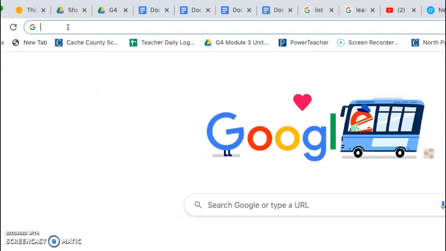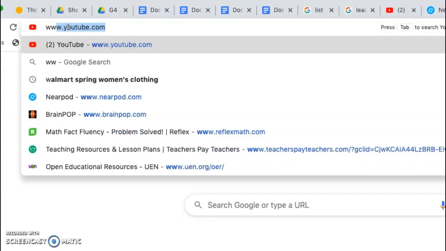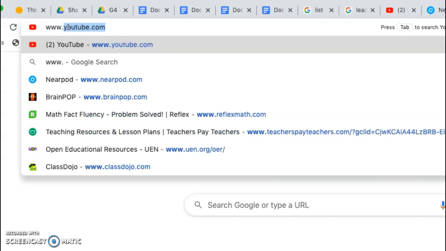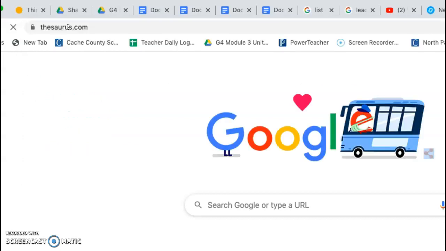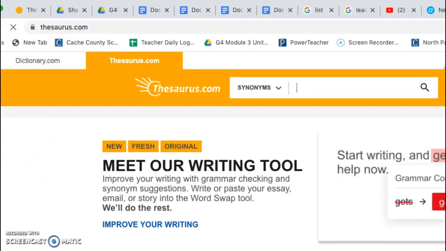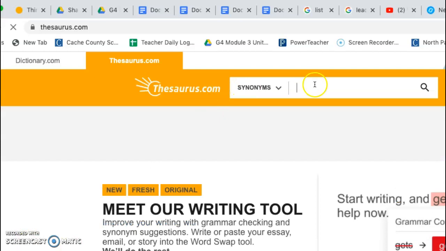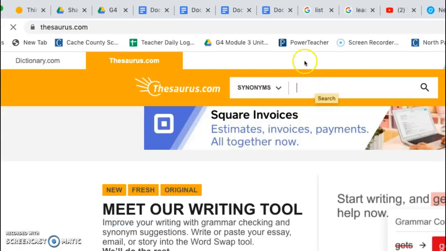Then you're going to type www.thesaurus, and see how it pops up, .com. Okay, remember our first word? What was it? Fatigue. See how we're going to type fatigue in the search bar.